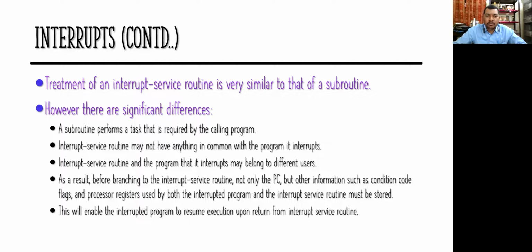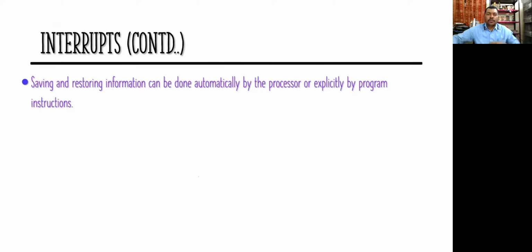Now this will enable the interrupted program to resume execution upon return from the interrupt subroutine, right? So this is the main job of the interrupts, right? So saving and restoring of information can be done automatically by the processor or explicitly by the program instruction.